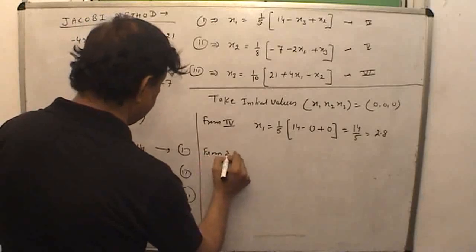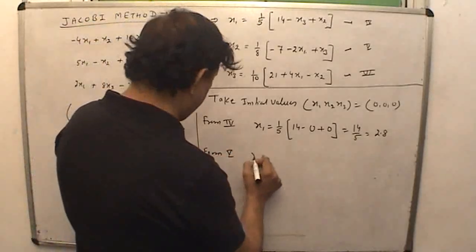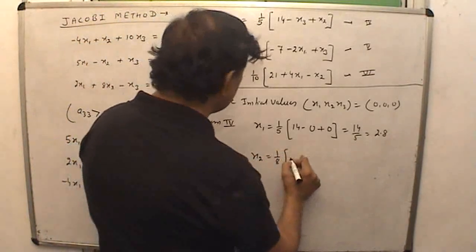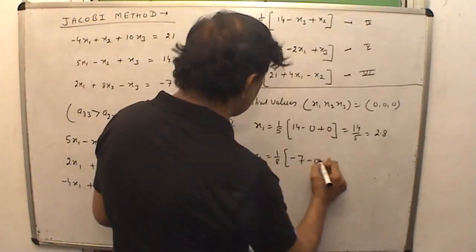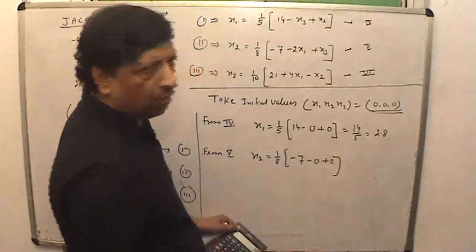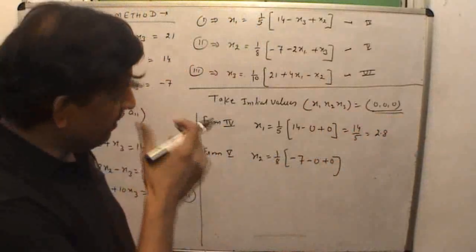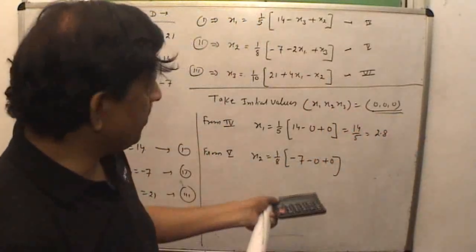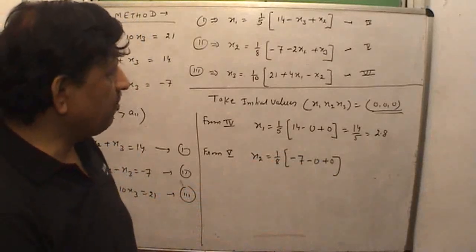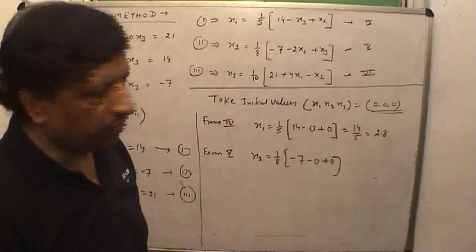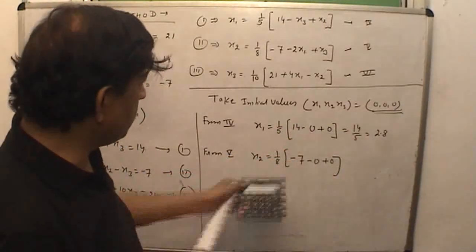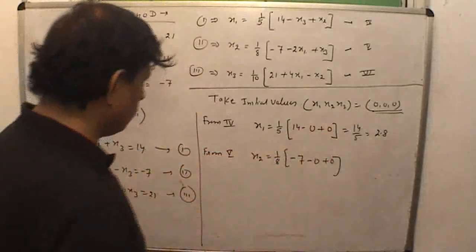Now from 5 we get x2, that is equal to 1 by 8 into minus 7 minus 0 plus 0, because the initial values are 0, 0. Otherwise, again I repeat, if it is provided, take the initial values, say 1, 2, 3, or 0.1, 0.1, 0.1, whatever is given, we can start with that. Otherwise, we consider 0, 0, 0.